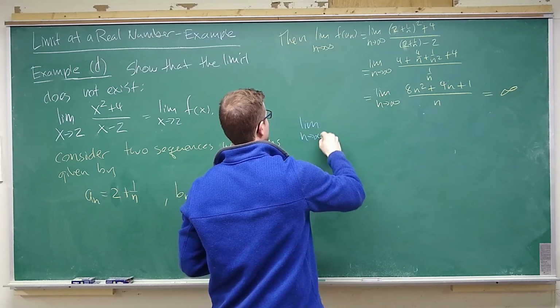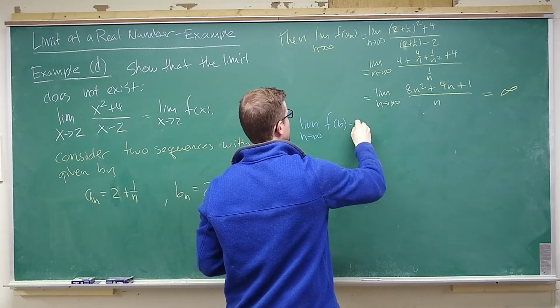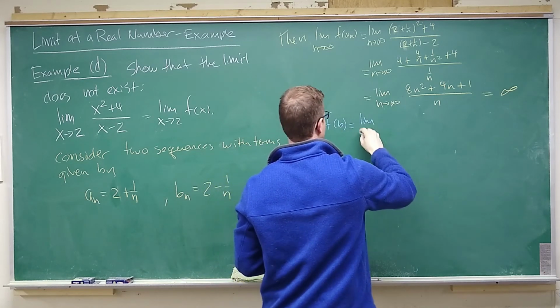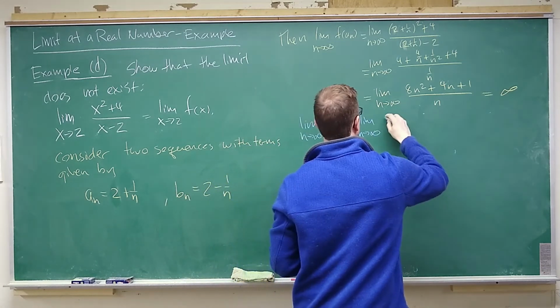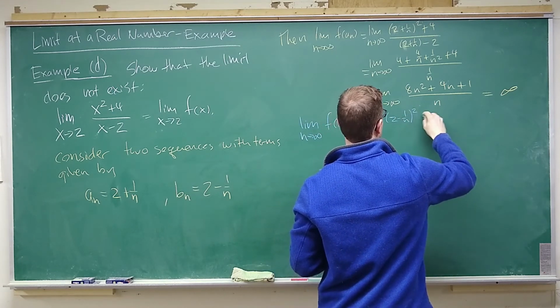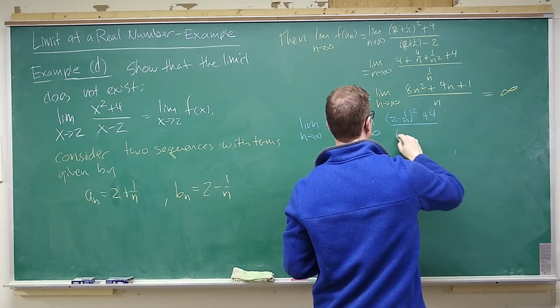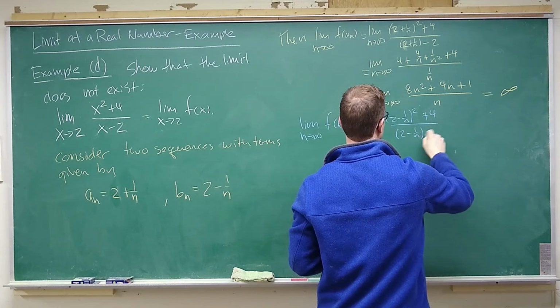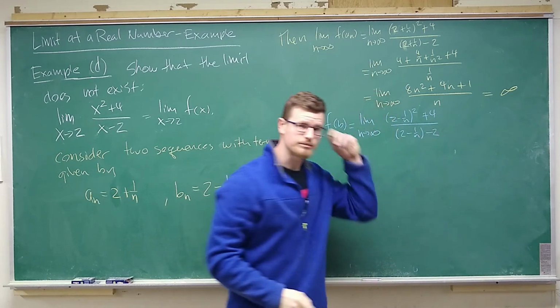So let's take the limit also as n goes to infinity of f of b sub n, which would be the limit as n goes to infinity of ((2 minus 1 over n) squared plus 4) divided by ((2 minus 1 over n) minus 2).